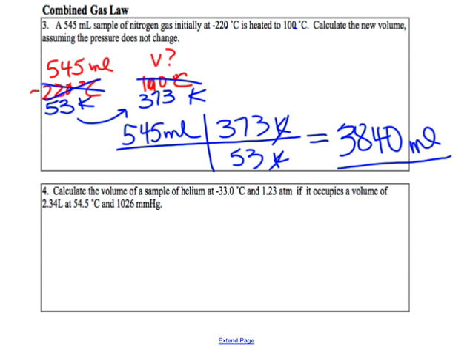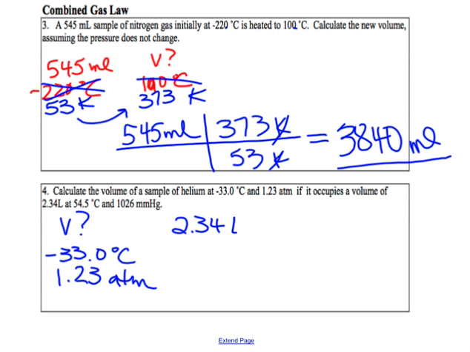All right, the next one. Calculate the volume of a sample of helium at negative 33.0 degrees Celsius and 1.23 atm, if it occupies a volume of 2.34 liters at 54.5 degrees Celsius and 1026 mmHg. We've got a lot of stuff to clean up in this problem.